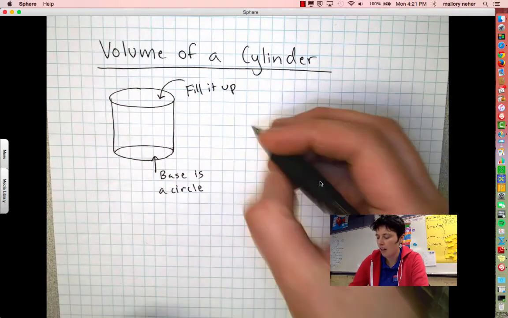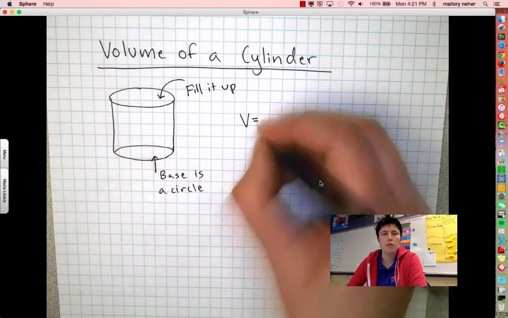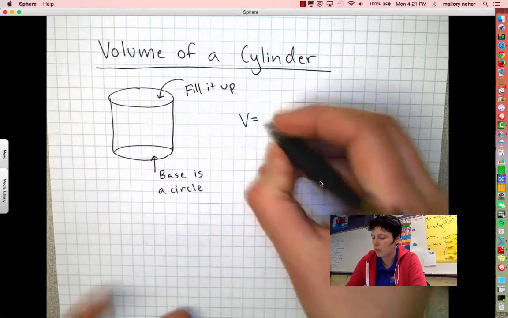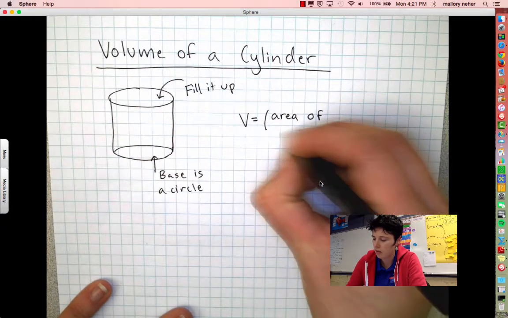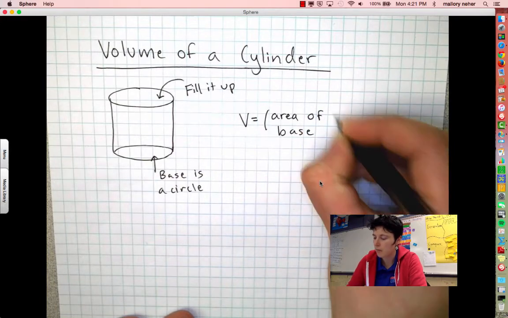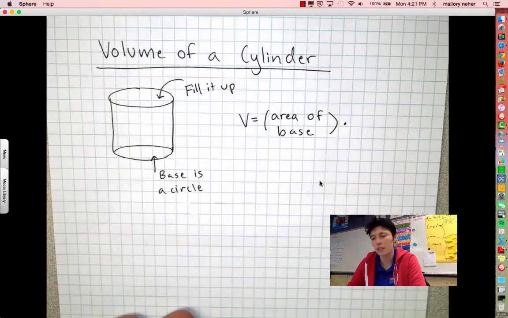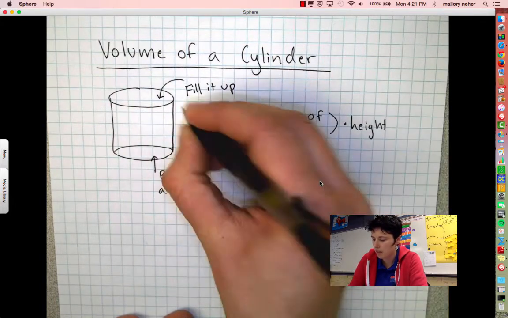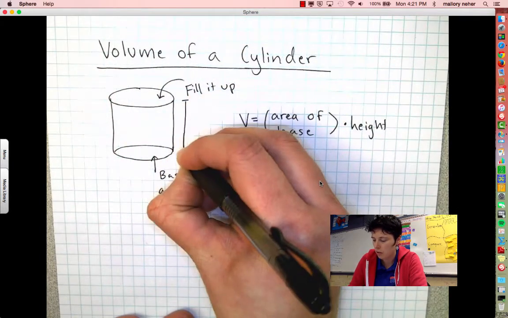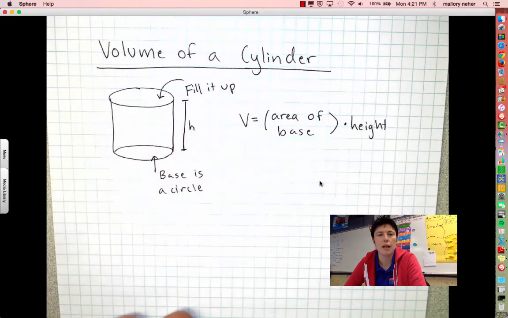So because of that, the volume formula that we use to calculate the volume is basically we just take the area of the base, and then we multiply it by the height of the cylinder. So the height would be the distance from here to here, which I'm going to label h for height.